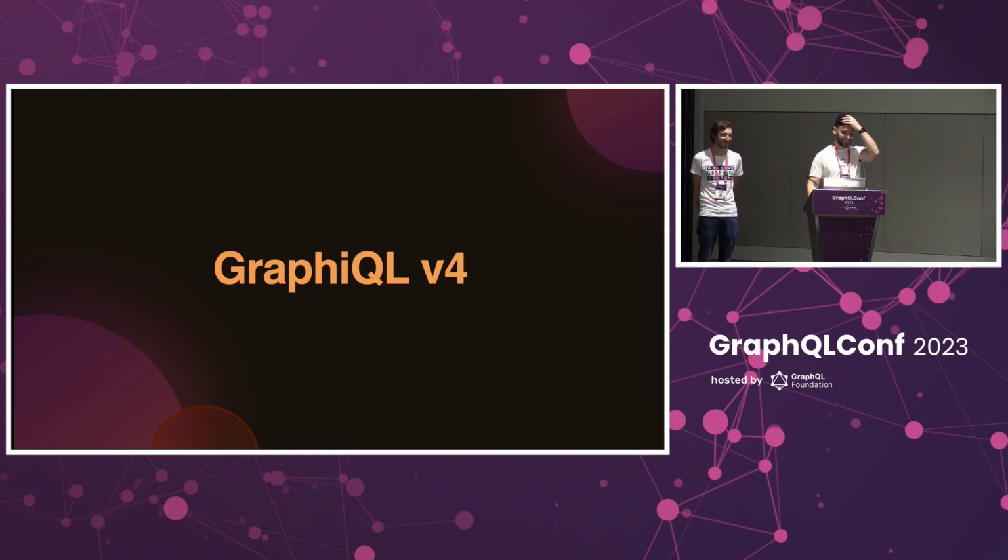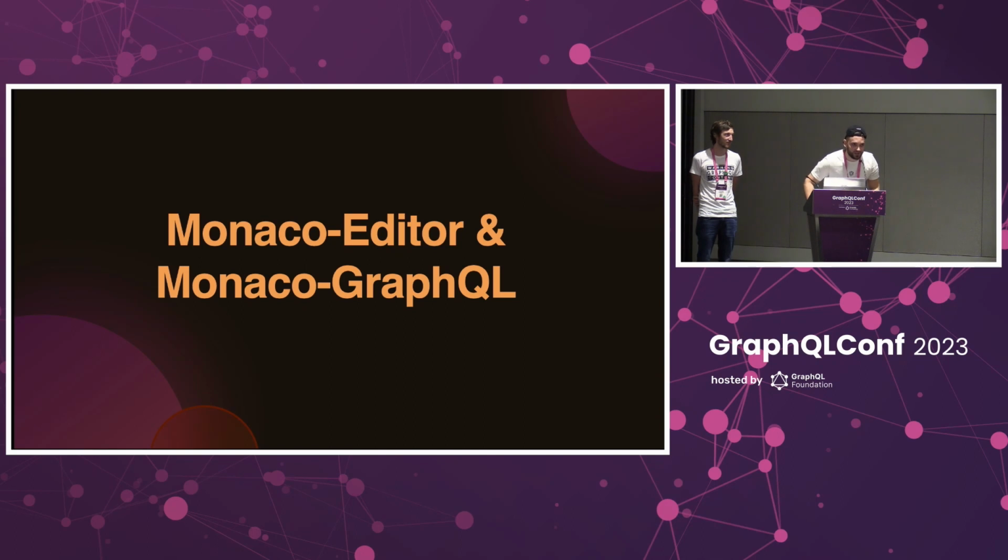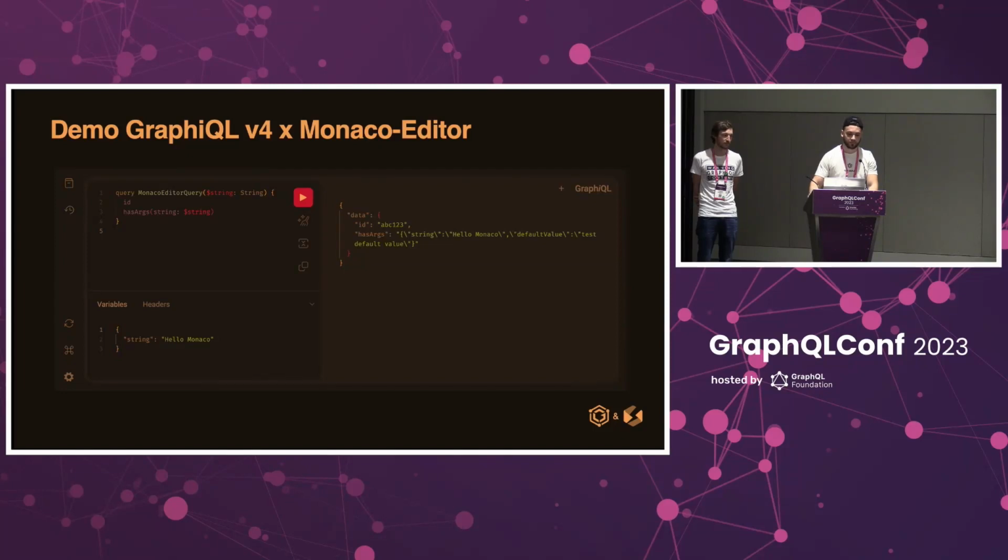So the main feature of GraphiQL v4 will be integrating the Monaco editor and Monaco GraphQL. Here you can see the demo screen of the integrated Monaco editor, and it's not only a Figma design, it's an already working prototype that you can find in active PRs of GraphiQL.